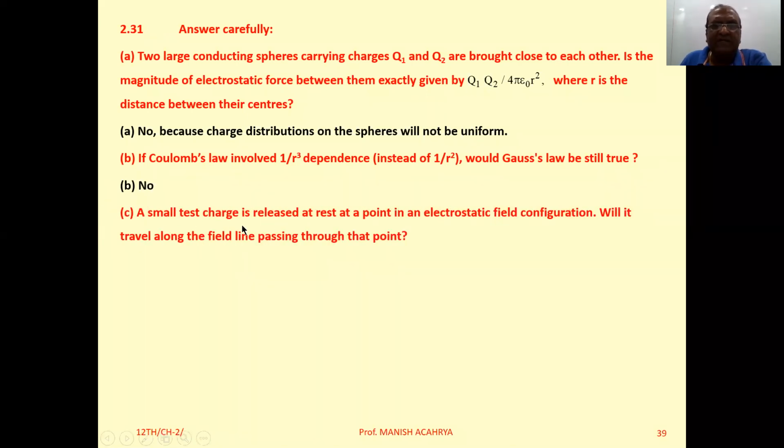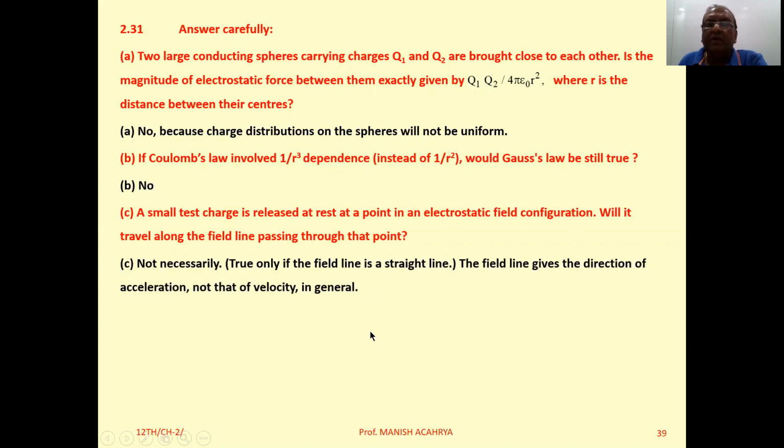C. A small test charge is released at rest at a point in an electrostatic field configuration. Will it travel along the field line passing through that point? Not necessarily. The field line gives the direction of acceleration, not of velocity. Because the field line gives you the direction of electric field at a particular point, and electric field is nothing but the force acting on unit positive charge.